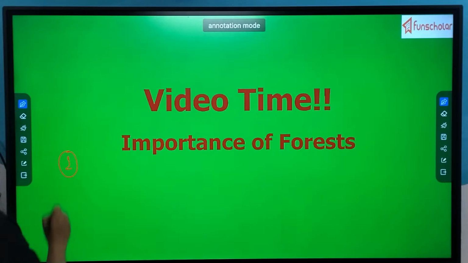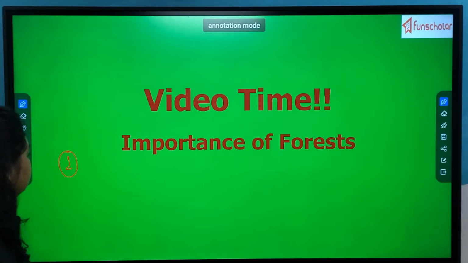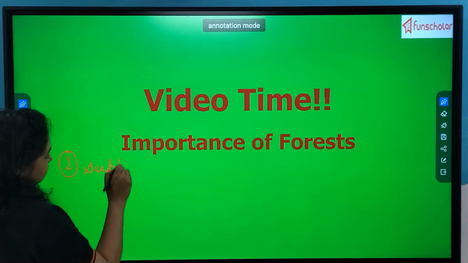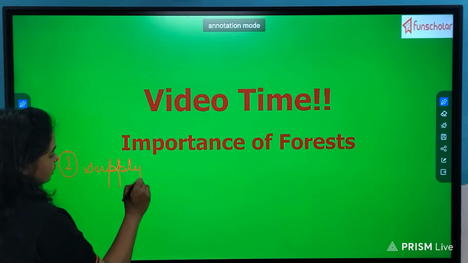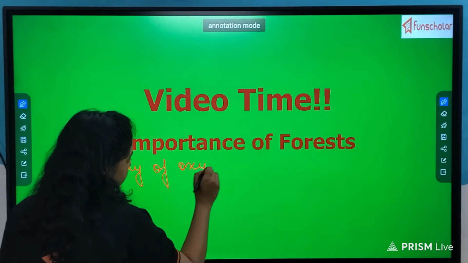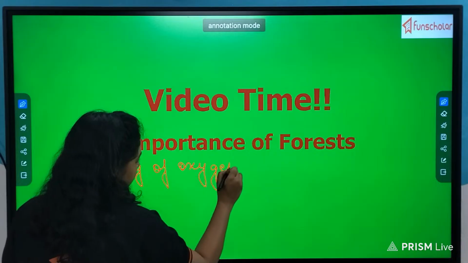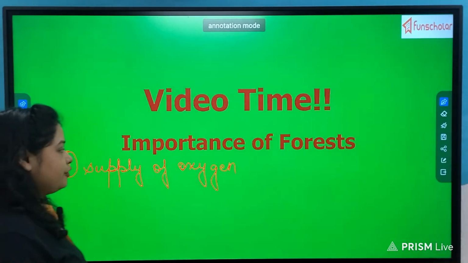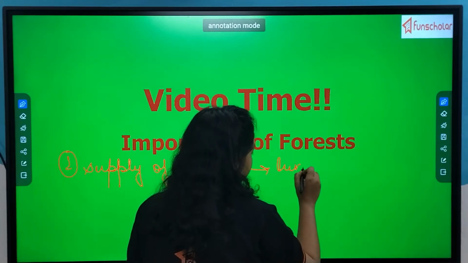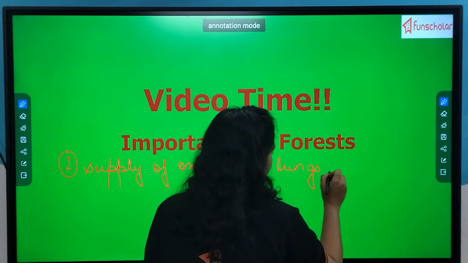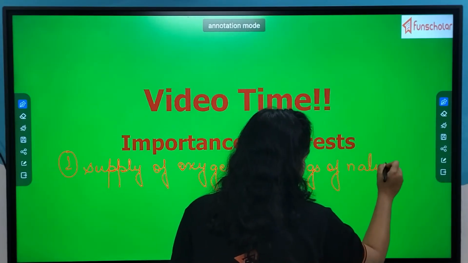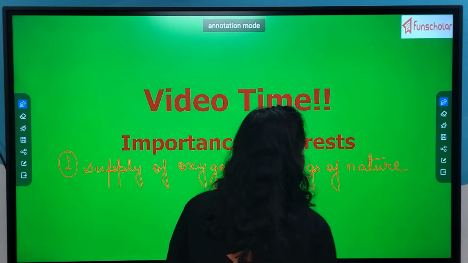First of all, supply of oxygen, and hence forests are known to be the lungs of nature, right?